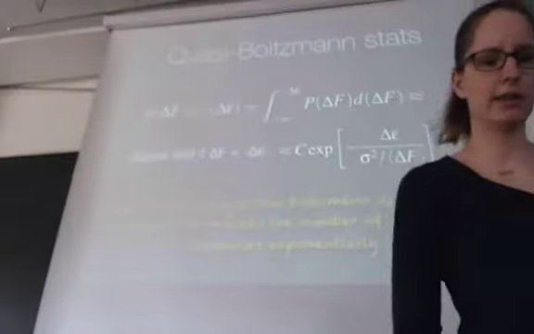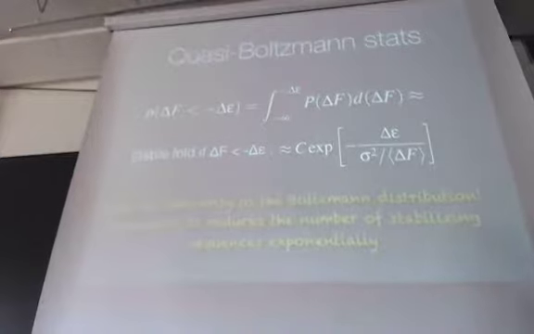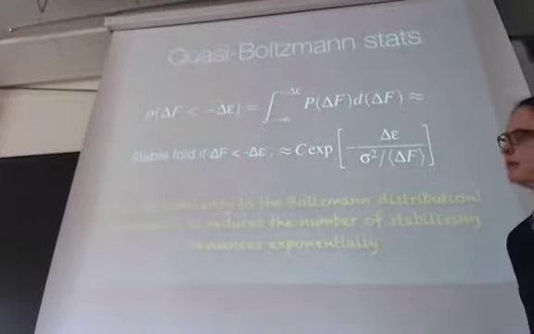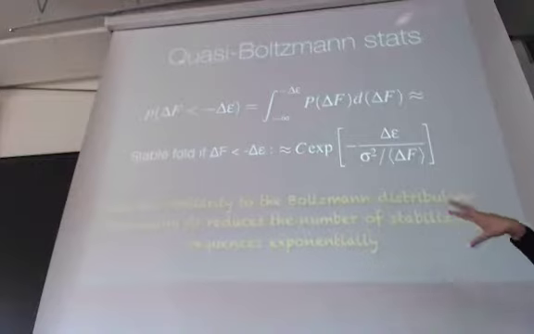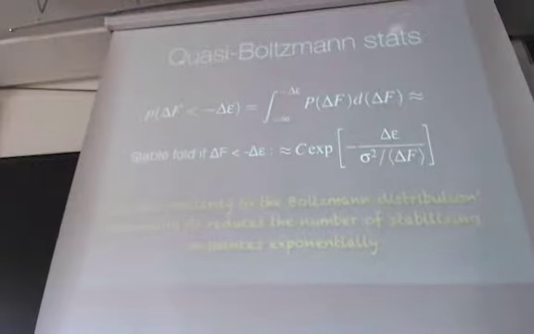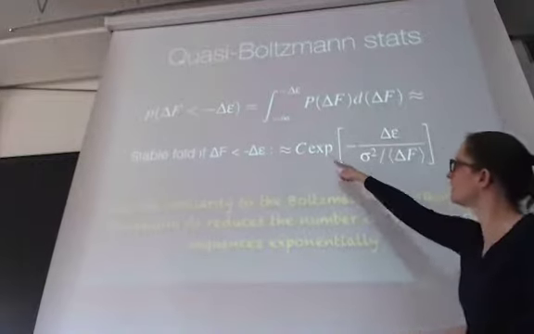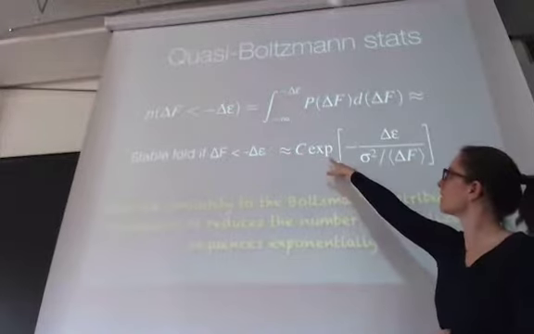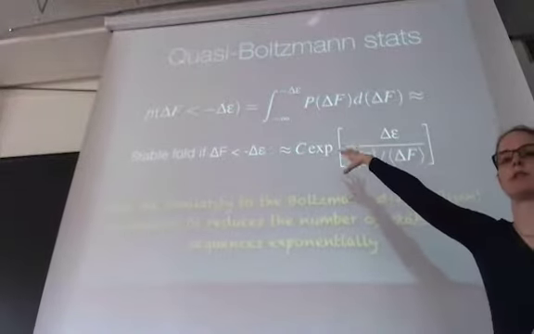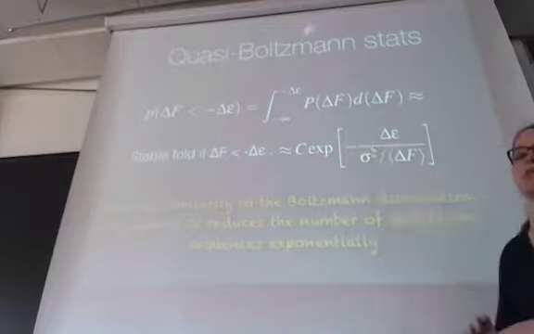We can calculate this integral, which is basically just integrating a Gaussian. You can look that up. It comes down to this, because the Gaussian has an exponential form, so taking its integral will also have an exponential form.